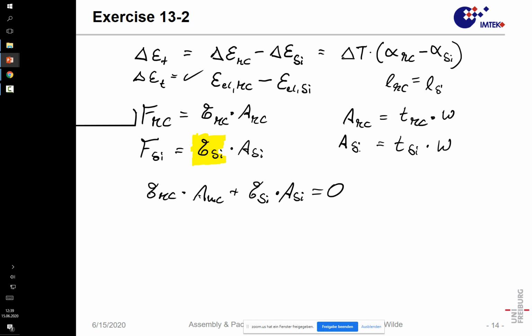Or we could also say sigma silicon times thickness of the silicon plus sigma molding compound times thickness of the molding compound is 0.